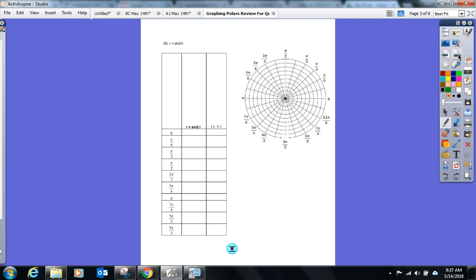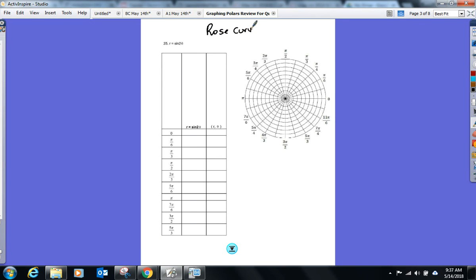Ooh, sine 2 theta now. What's this one going to be in the end? You got a number in between the sine and the theta. Petals, yep. Rose curve. How many petals should be on here? 4 petals.